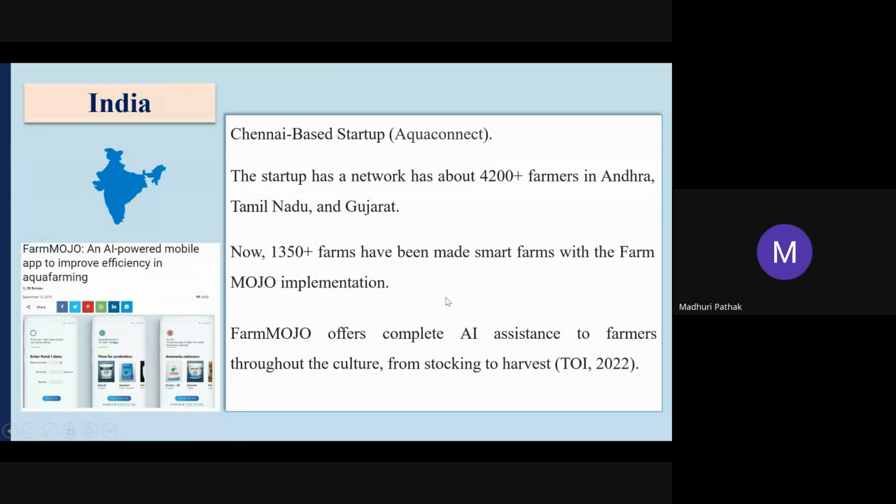Farm Mojo offers complete AI assistance to the farmers throughout the culture from stocking to harvest. As I said, water quality management, putting in fertilizers, liming applications, feeding, harvesting, everything can be assisted by using artificial intelligence.